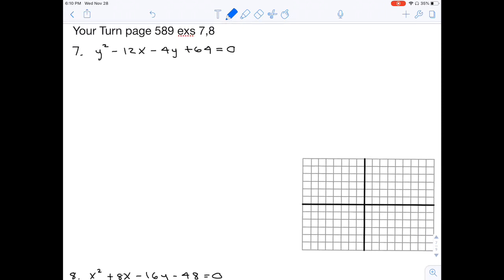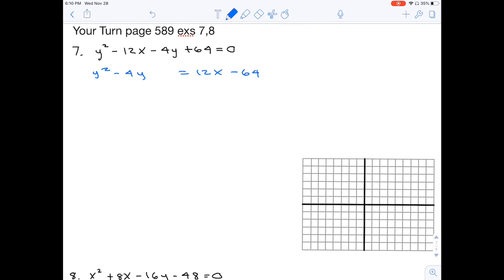Last two examples. So what I want you to do at this point is go through and try this one completely on your own. Okay, so let's see what we got here. This is y squared, so this is going to be horizontal. So I get y squared minus 4y equals 12x minus 64.